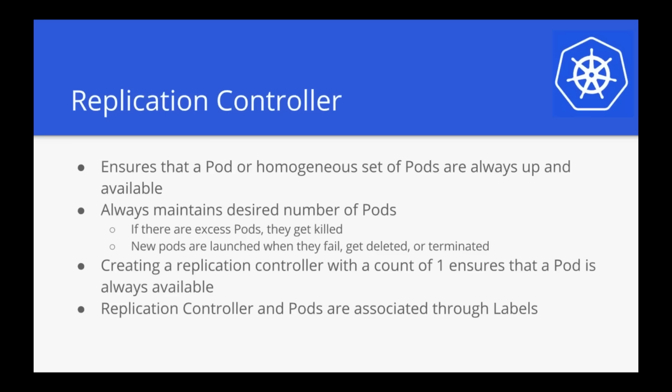And if you're wondering how a replication controller picks the appropriate set of pods, it uses the concept of labels and selectors. So remember, when I created the pod, I added metadata and a label section to it with 2 different labels. I said app is demo, environment is dev or test.